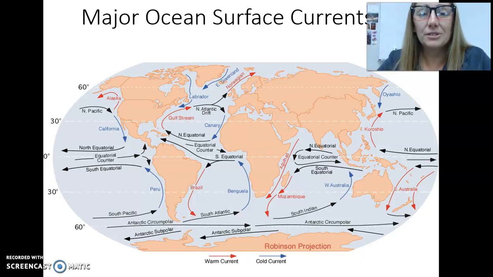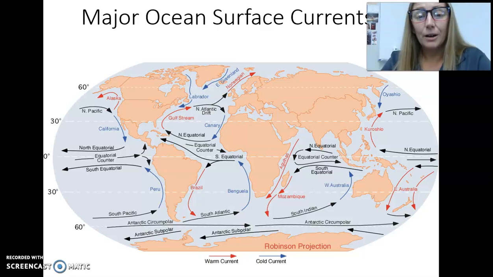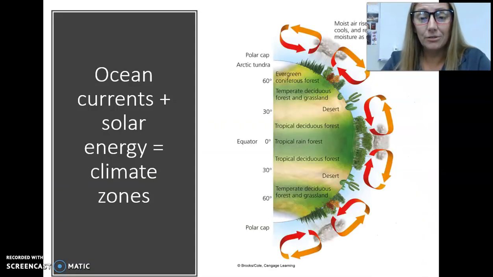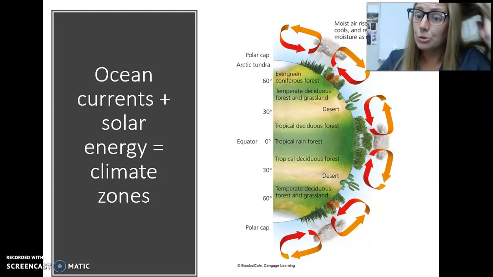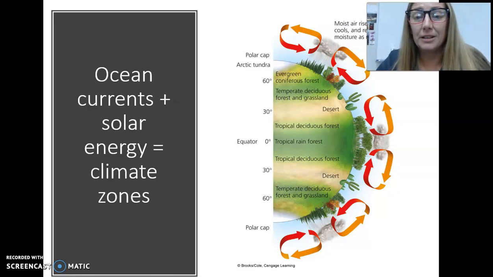So these ocean surface currents, in conjunction with air movement in the atmosphere, are what has a huge impact on climate. And that's what determines what biomes we have on Earth. Just like it says here, ocean currents plus solar energy equal our different climate zones, or equals our different biomes that we have.